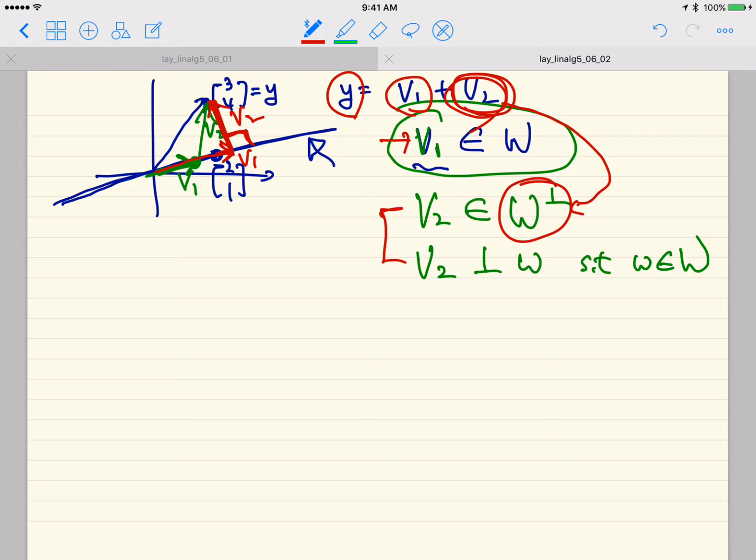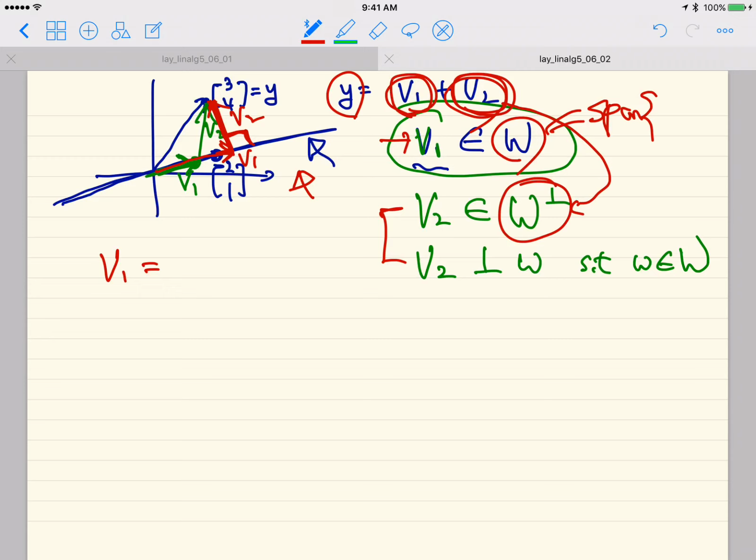First of all, v1 can be represented by the fact that v1 belongs to this subspace W. Let me change the notation following the book's notation.